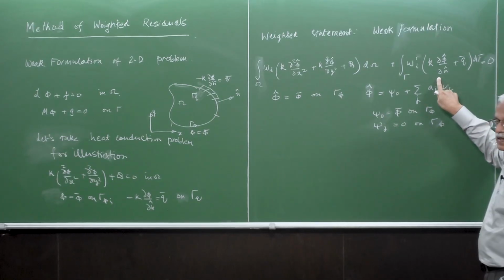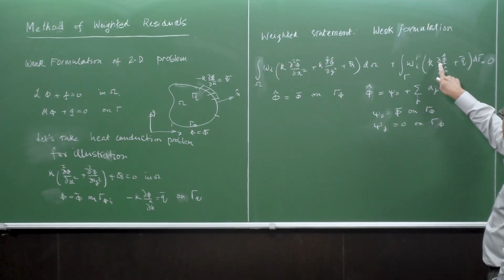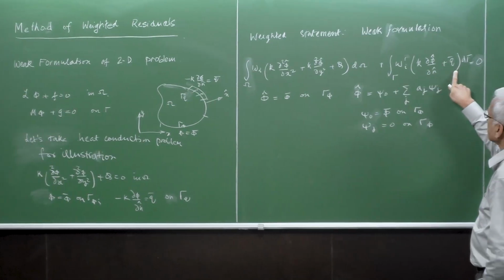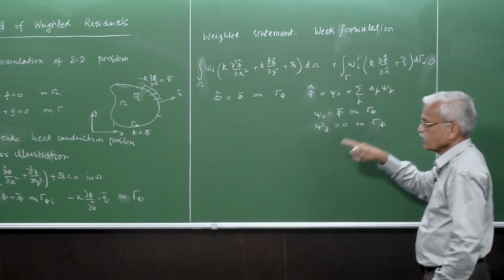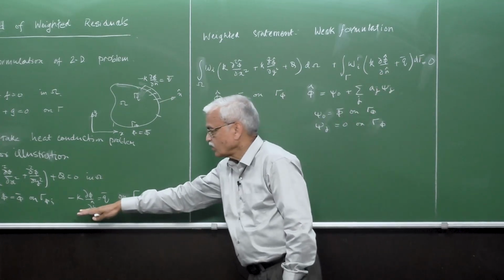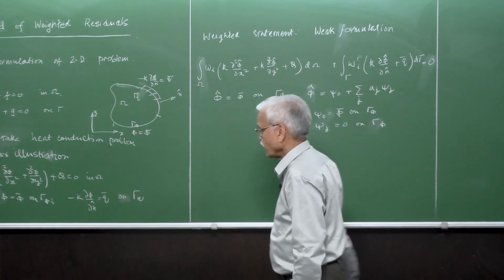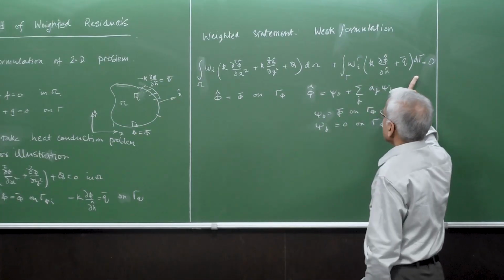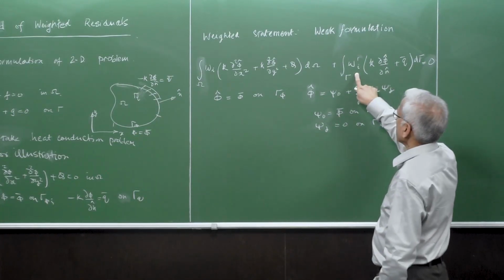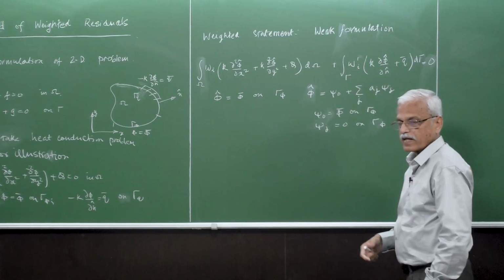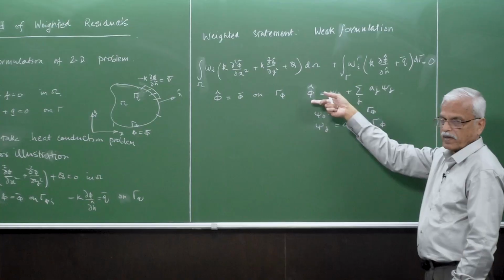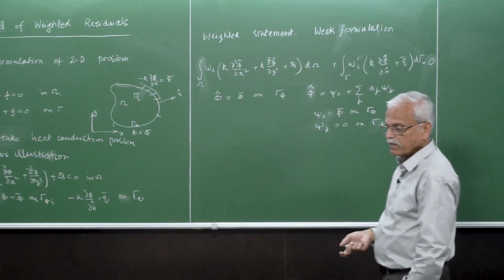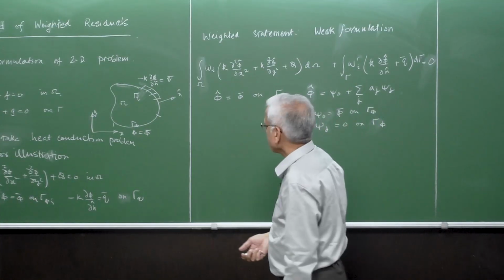This is particularly the heat flux boundary condition, where k dou phi by dou n plus Q bar, that means the boundary condition is not getting satisfied. So that also is taken as a residual, where Wi prime is another weighting function. This set of weighting functions may be the same as Wi, or may be different, or may be related in some way.